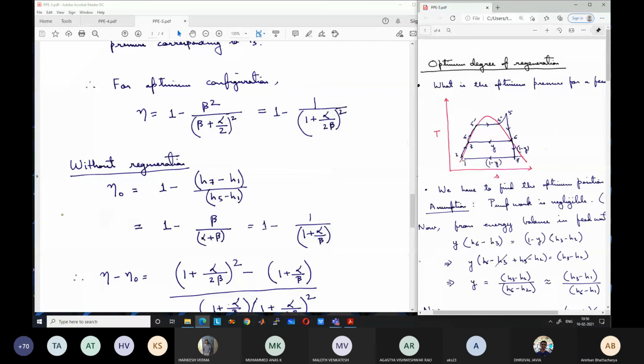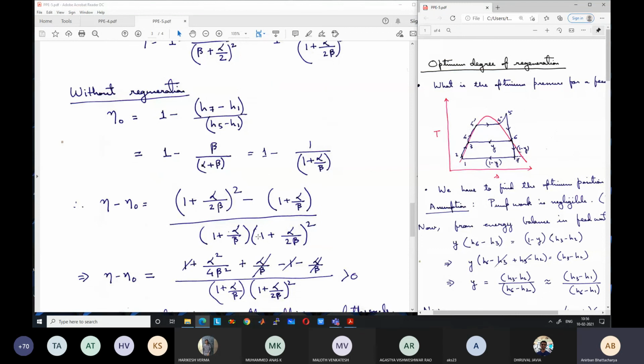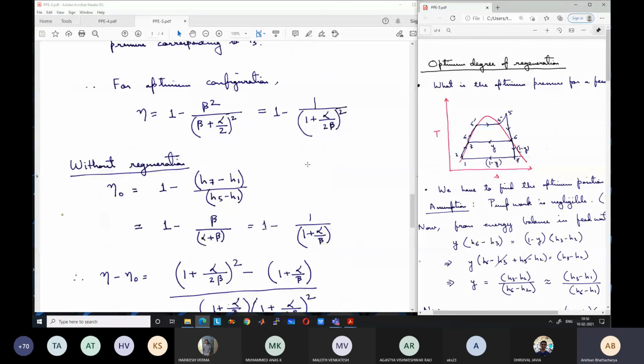Now we can subtract the efficiency without regeneration from the optimum regeneration efficiency, to check whether our efficiency is higher with regeneration. The optimum efficiency that we have obtained, whether it is higher or not, we need to check.